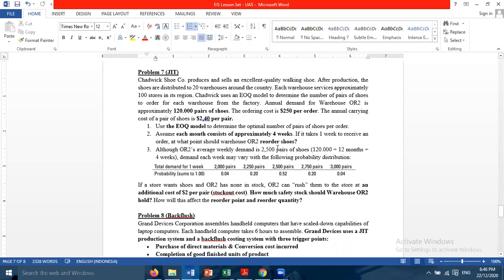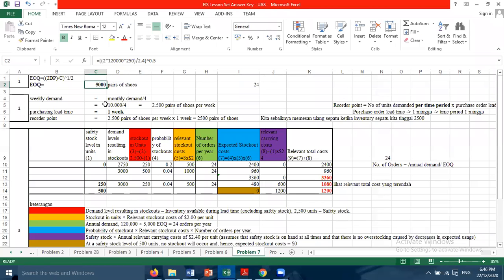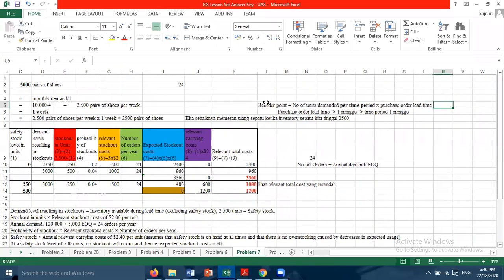Next is number 2, if it takes 1 week, at what point should warehouse OR2 reorder shoes? So here we are asked the reorder point. The formula for reorder point is simply the number of units demanded per time period multiplied by the purchase order lead time.